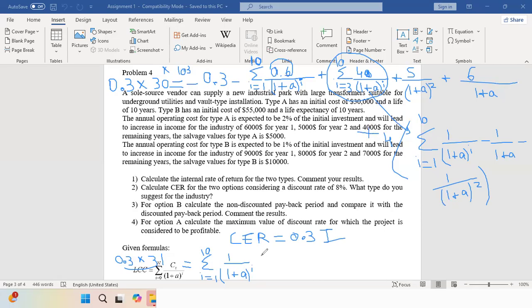To reduce, because you want to put it in your calculator, you need to reduce as much as possible. So I will take in factor here minus 0.6 plus 4.